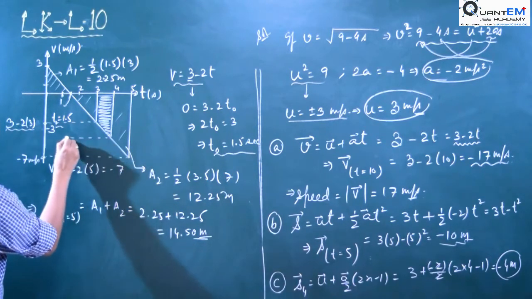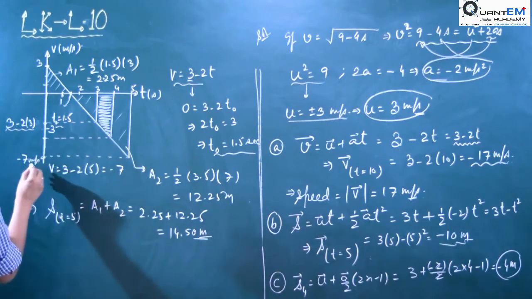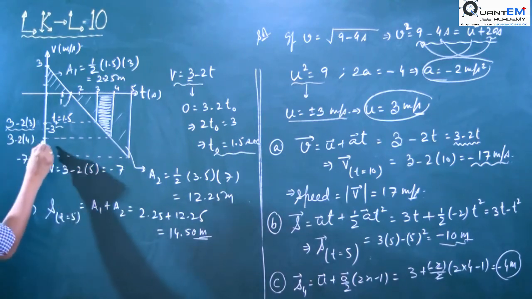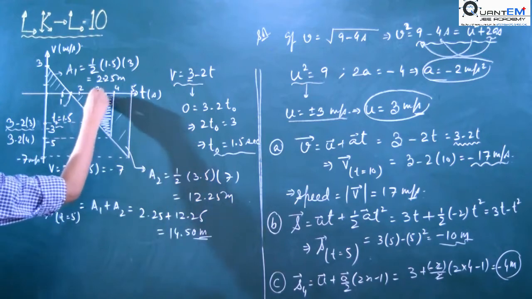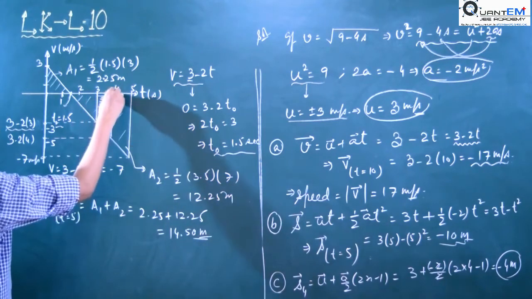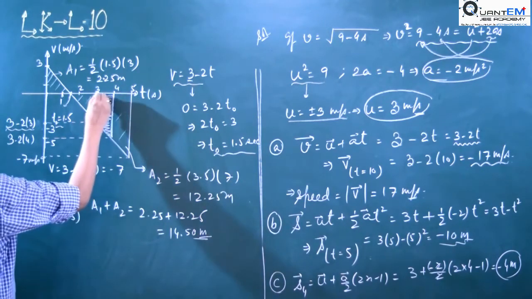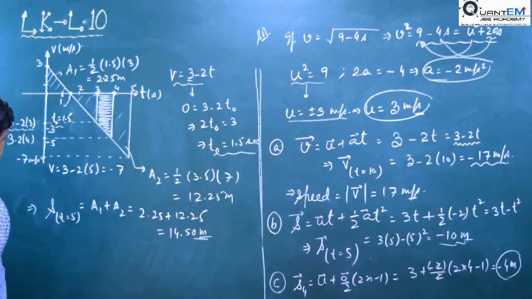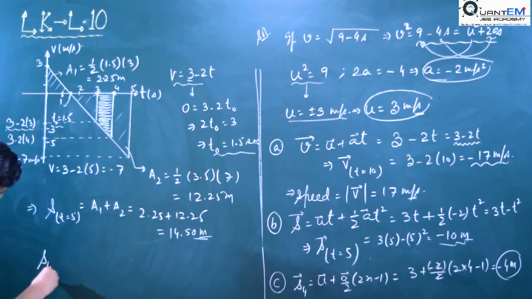And at the end of 4 seconds, particle will have velocity 3 minus 2 into 4, that is minus 5. So we get this side, it is 3 and this side is 5. So it is the 4th second of motion, interval of 3 second and 4 second.